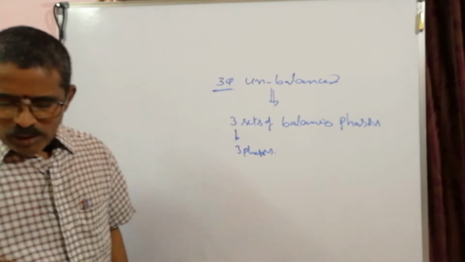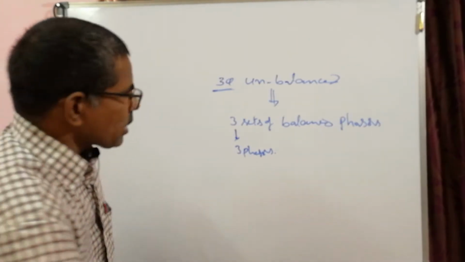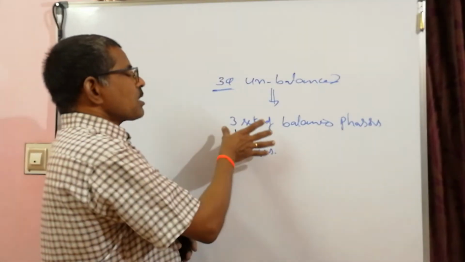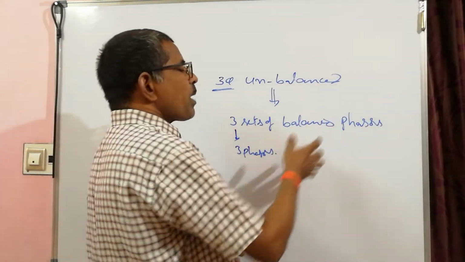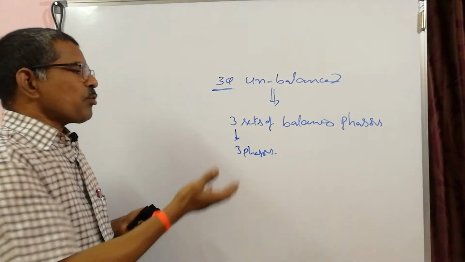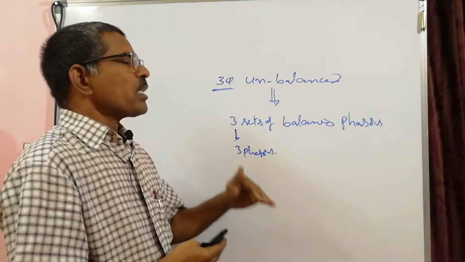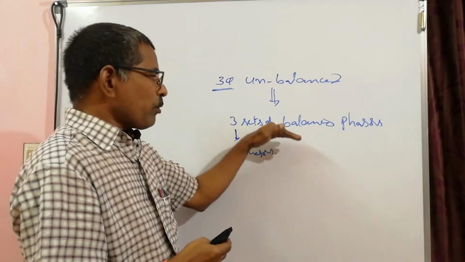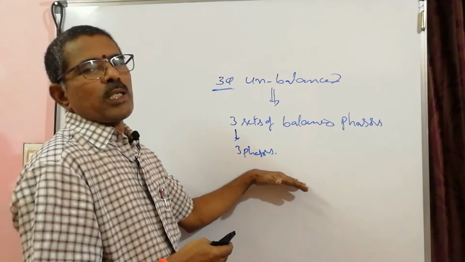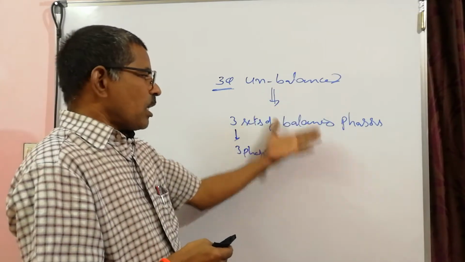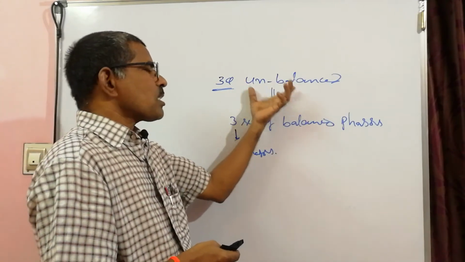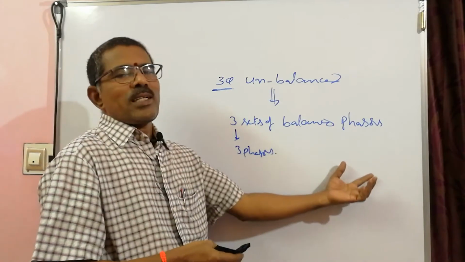So, the advantage, as I mentioned already, is that once it is resolved into balanced phasors, each phasor set can be dealt with on a per phase basis. So, per phase analysis is possible when we consider Fortescue's theory, because we are converting this unbalanced system into balanced sets.